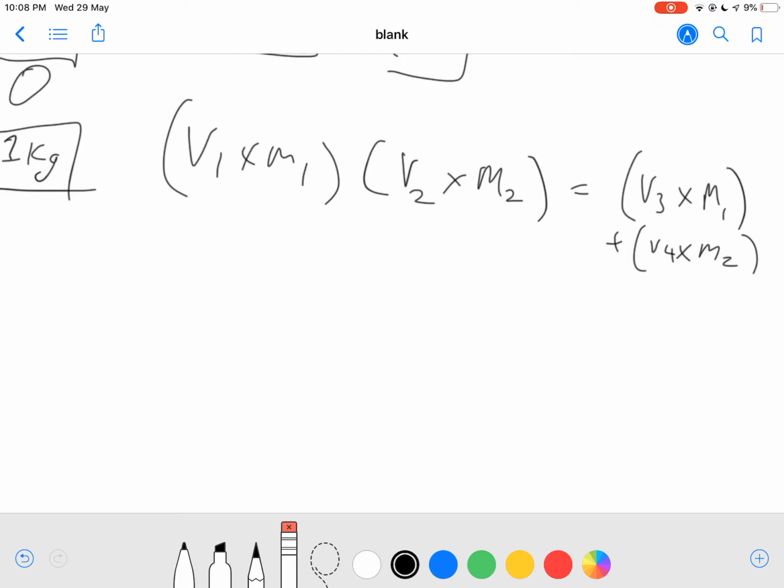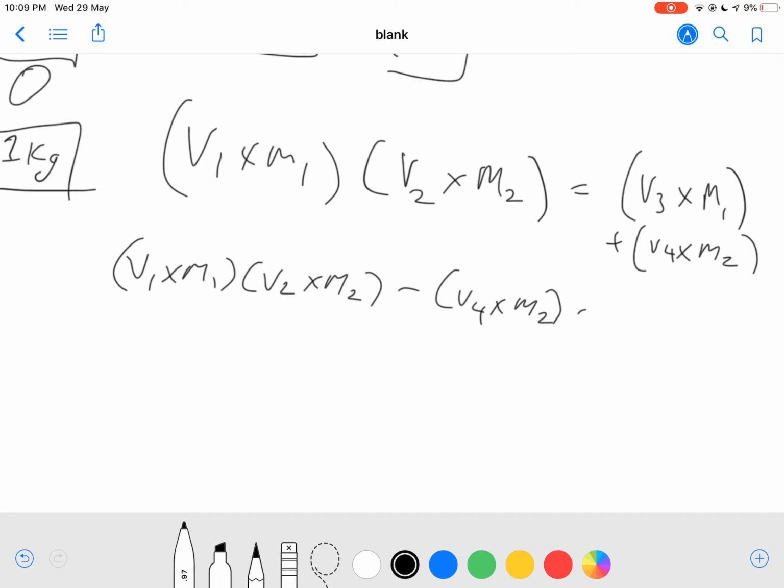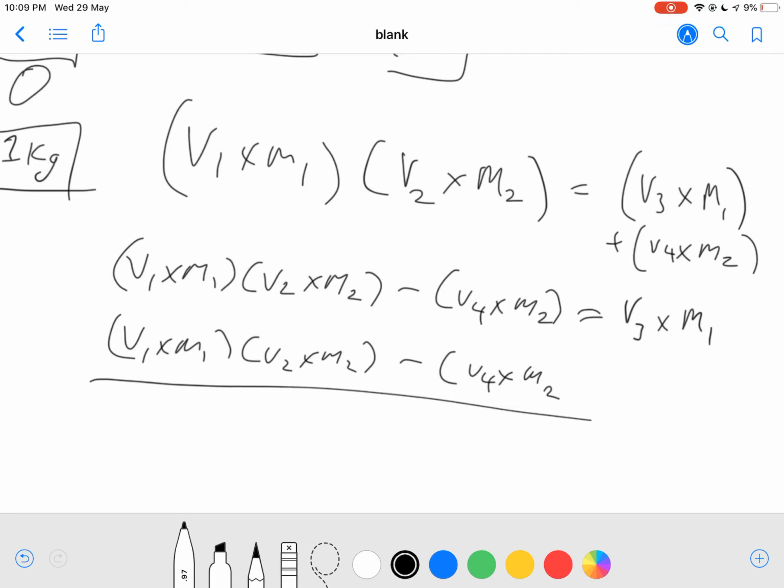Rearranging in terms of v3: v1 times m1, plus v2 times m2, minus v4 times m2, equals v3 times m1. So to find v3, it's v1 times m1, plus v2 times m2, minus v4 times m2, all divided by m1.